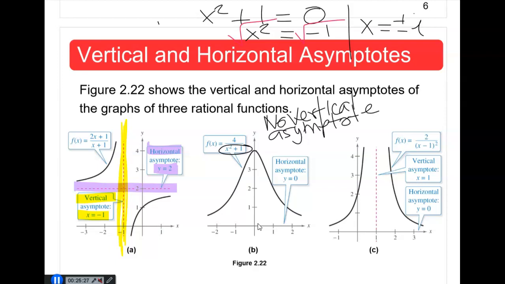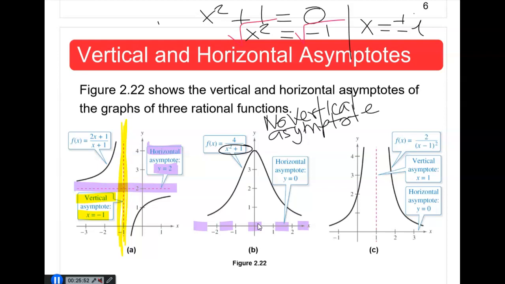So that's fine. And then for the horizontal asymptote, we do have here the line y equals 0. Now, your calculator may not graph the asymptotes, so that's why it's important that you learn how to find them numerically or algebraically.